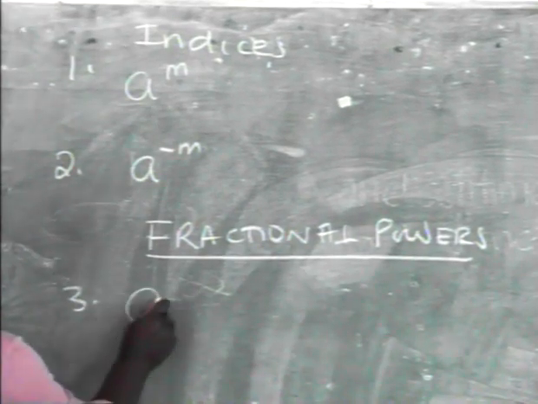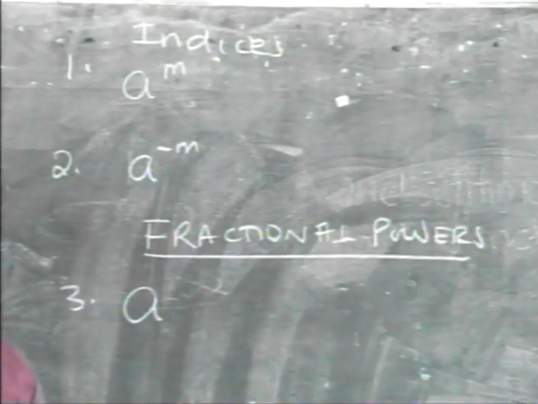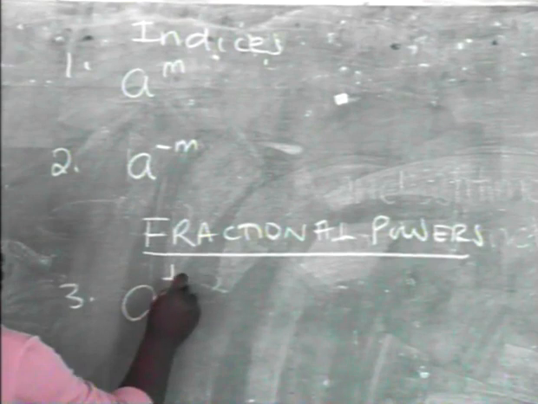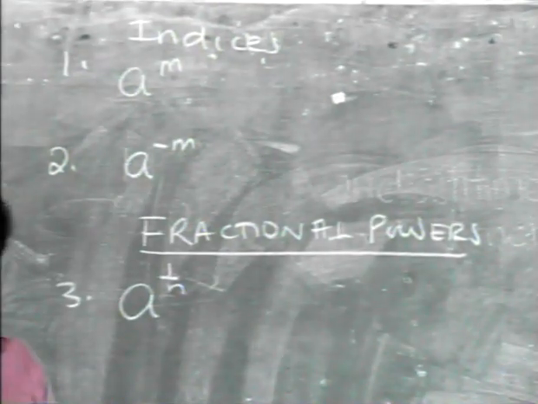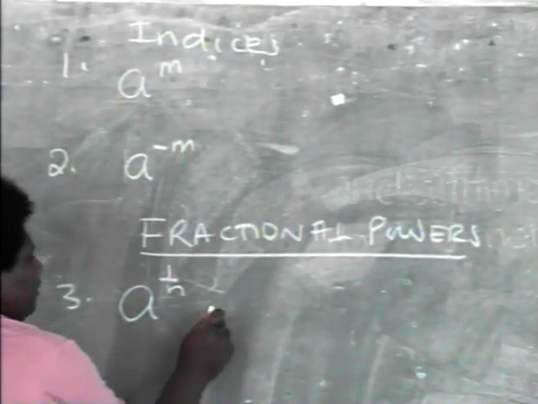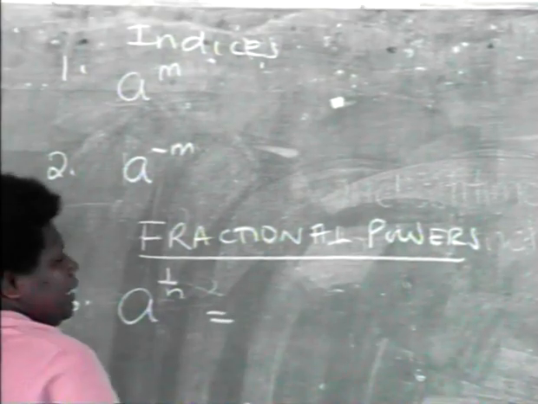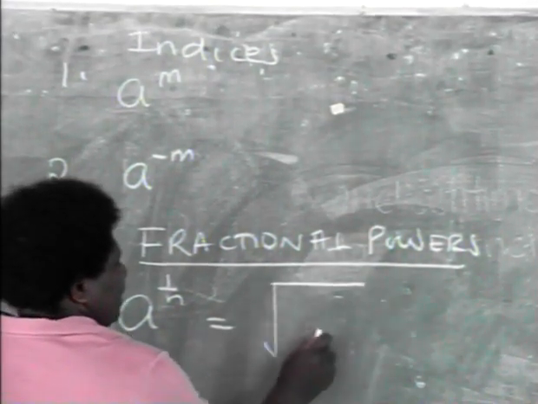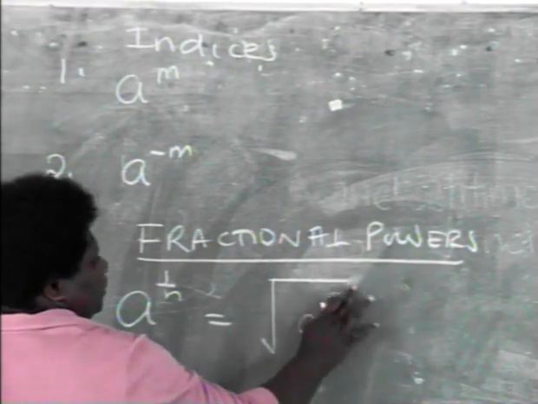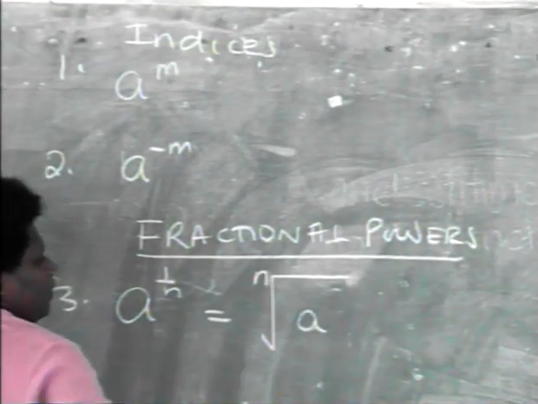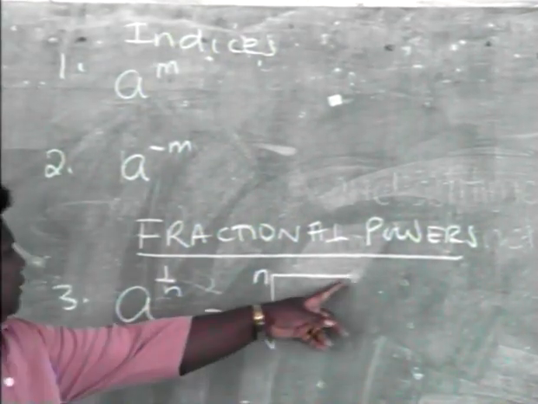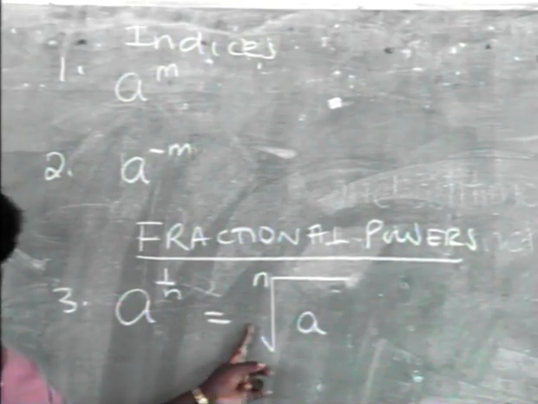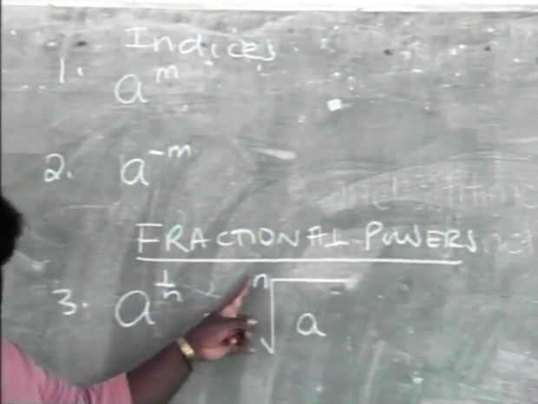This time A is raised to the power of 1 over n. This can also be written using the root sign. It's not necessarily the square root of, but it's the nth root of.